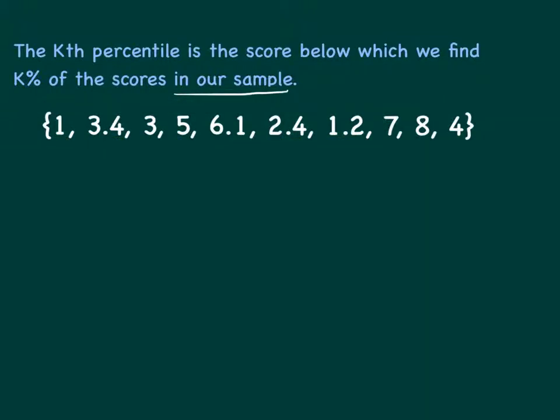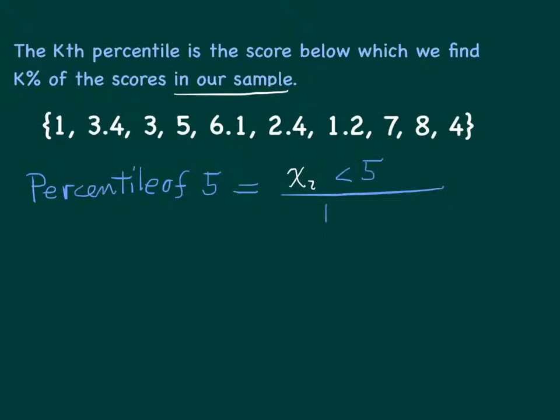Let's do one more quick example. Suppose we want to figure out what's the percentile of the score 5. All right. Remember, we compute this by computing how many scores appearing in our sample, so this is the list in white, are strictly less than 5, divided by the total number of scores that appear in the sample. All right.